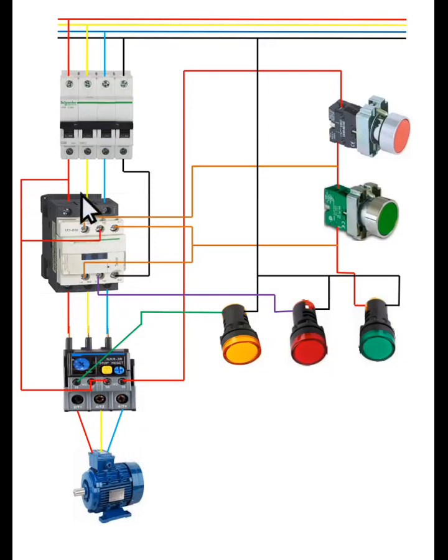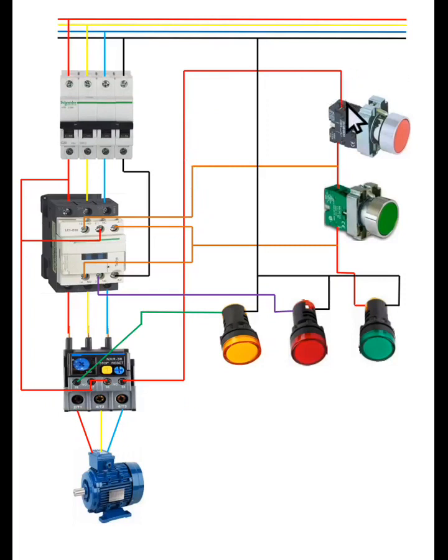You can see the supply is being tapped from here. It goes like this, it comes here. This is normally closed. As long as the overload has not tripped, this place remains closed, and our current continues. It's just exactly as the schematic diagram of the control diagram.